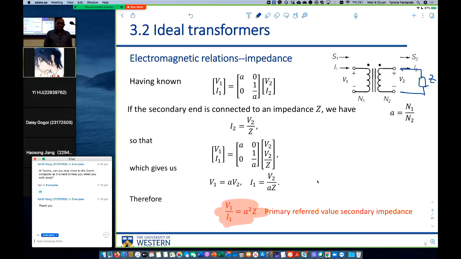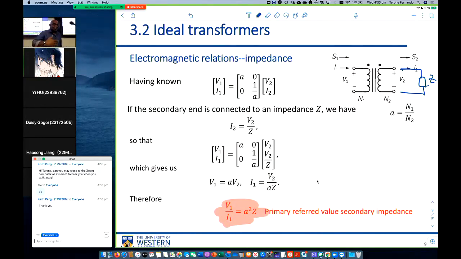So what does this tell us? V2 on I2 is Z. That's the impedance that you connect to the secondary. Now V1 on I1, the ratio of the voltage V1 to I1, is the impedance seen by the primary. And V1 on I1 is A squared Z. So it's saying a different impedance to what the secondary is saying.